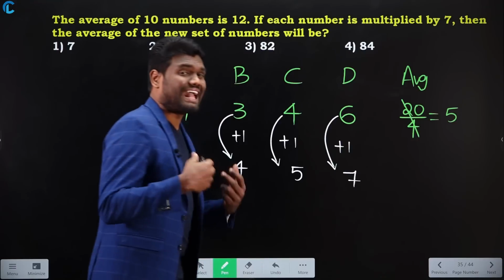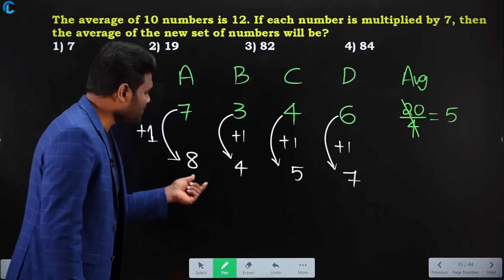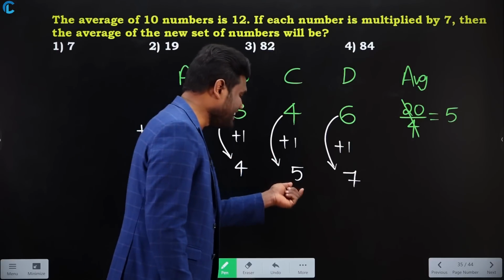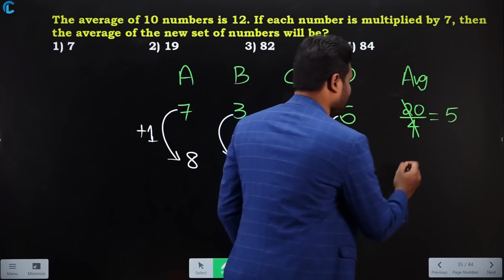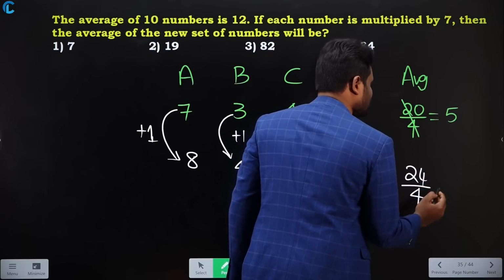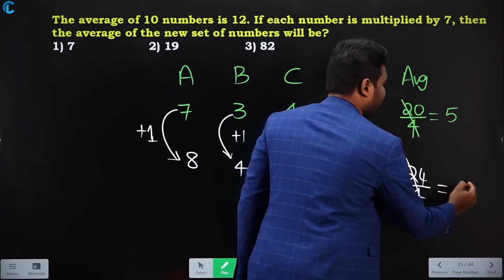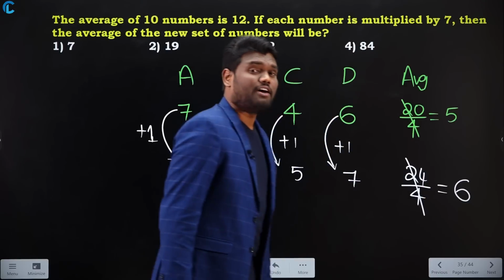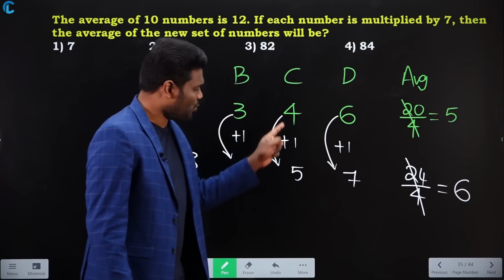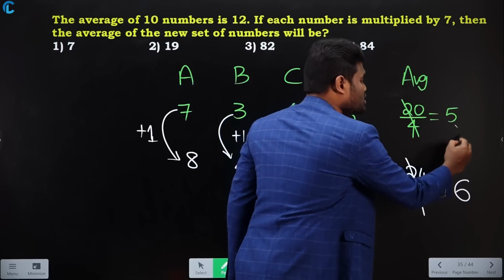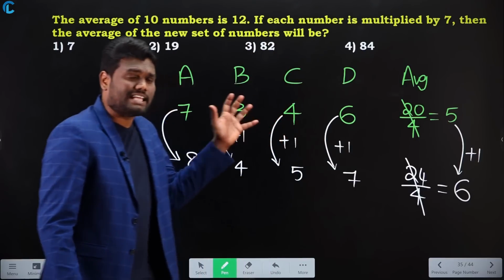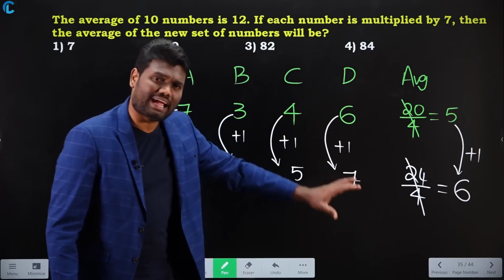Now, if I try to calculate the average, 8 plus 4 is 12, 12 plus 5 is 17, 17 plus 7 is 24. Now 24 divided by the number of persons, 4, so the average is 6. If you have observed here, if each person is increased by 1, then the average is also increased by 1. Yes or no?